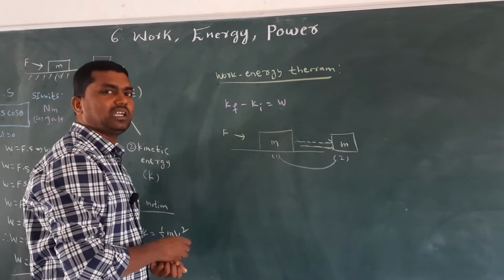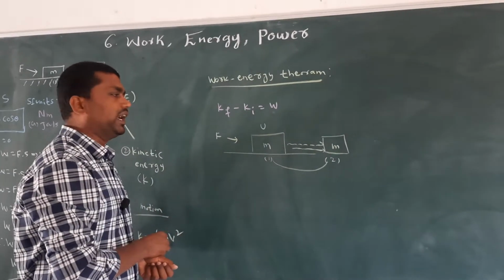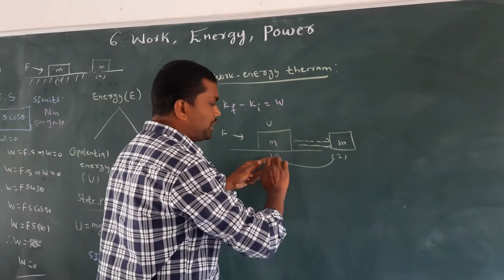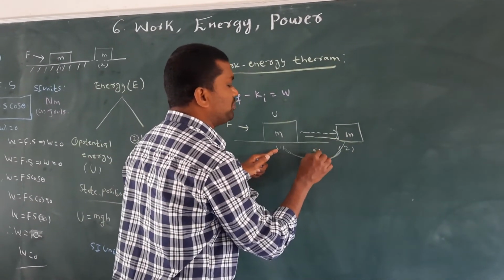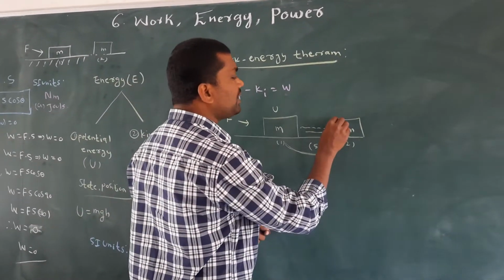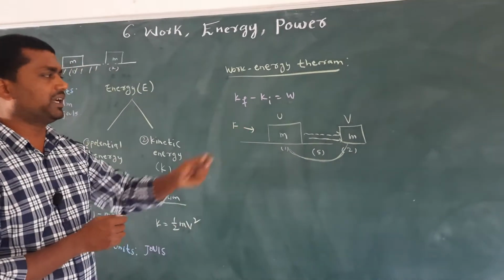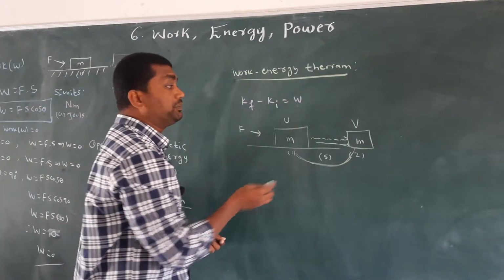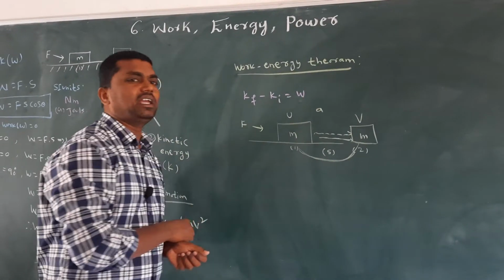When the object is at rest, the initial velocity will be u, and when the object moves from the first position to the second position, it has a displacement. The displacement is represented by s, and the velocity will be the final velocity, represented by v, and the uniform acceleration of the object is represented by a.